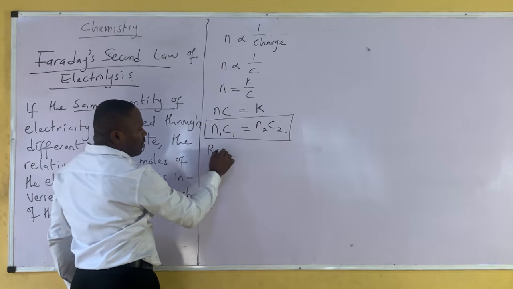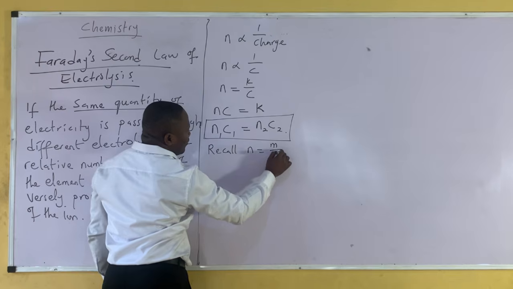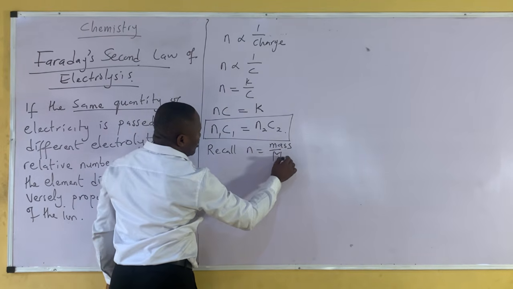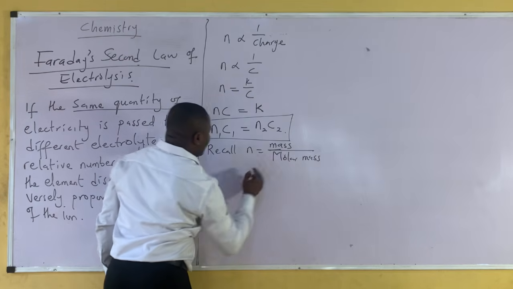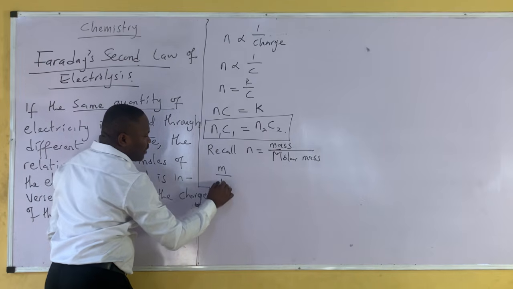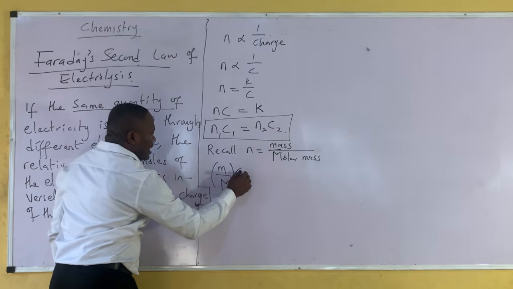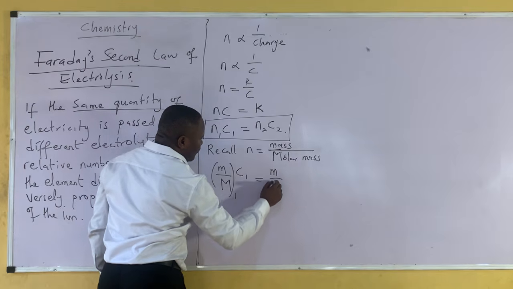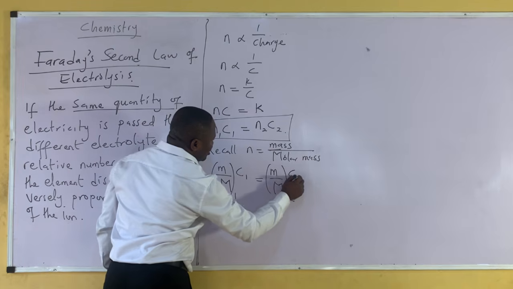Now recall, mole equals mass over molar mass. Take note of this. So therefore, I can have it as mass over molar mass of 1 times charge of 1 is equal to mass over molar mass of 2 times charge of 2.